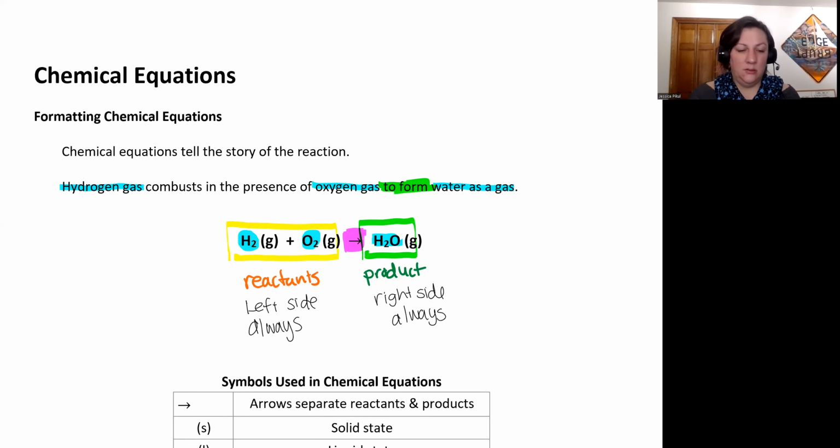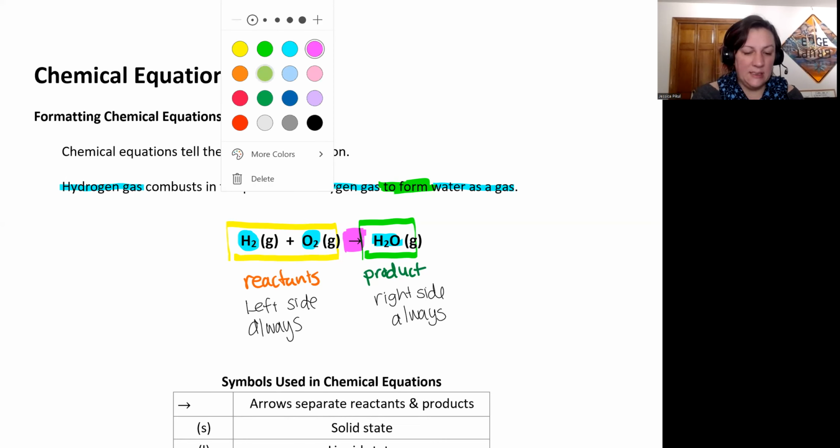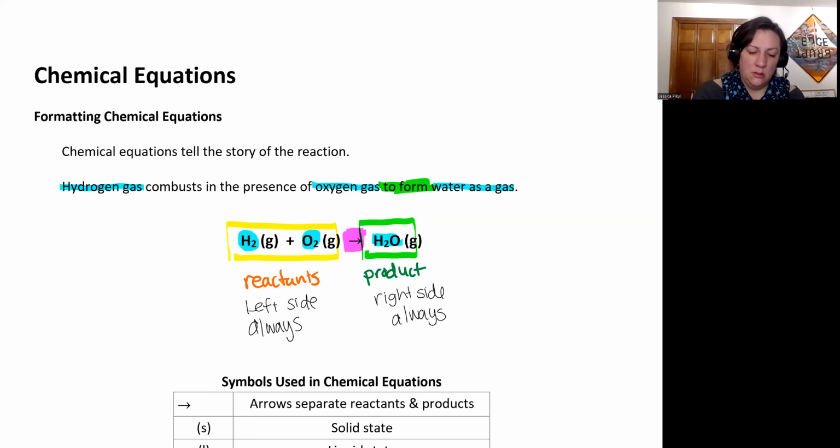Another thing that you'll notice here is that I have these parentheses with these symbols. So I have they're all G in this case.